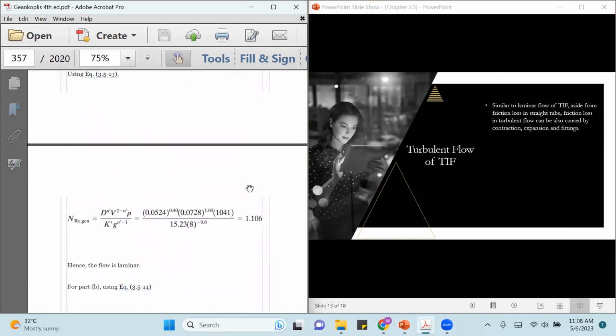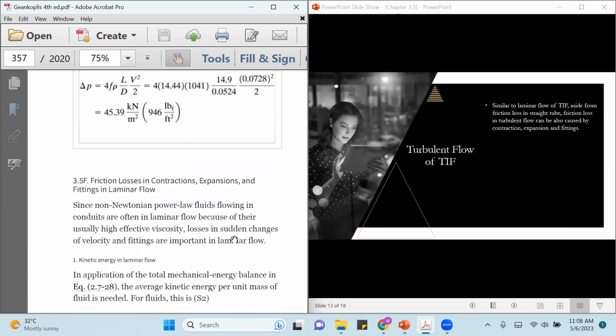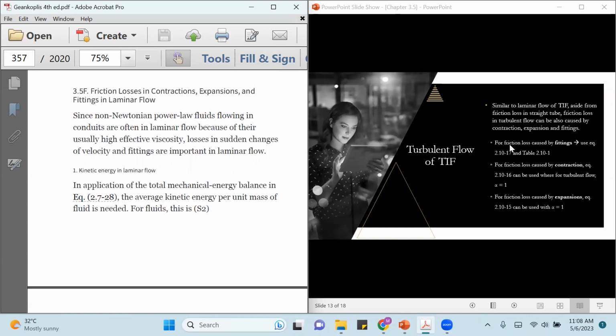Aside from friction loss in the straight tube, friction loss can also be caused by contraction, expansion, and fittings. For friction loss caused by fittings in turbulent flow, use equation 17 from chapter 2 and table 1 from chapter 2. For friction loss caused by contraction, use equation 16, alpha equals 1.